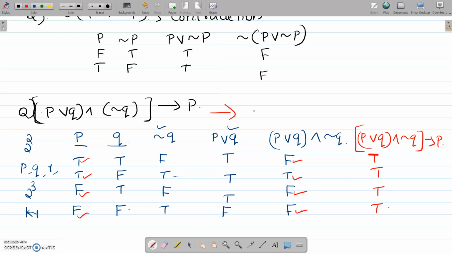So this compound proposition is a tautology.